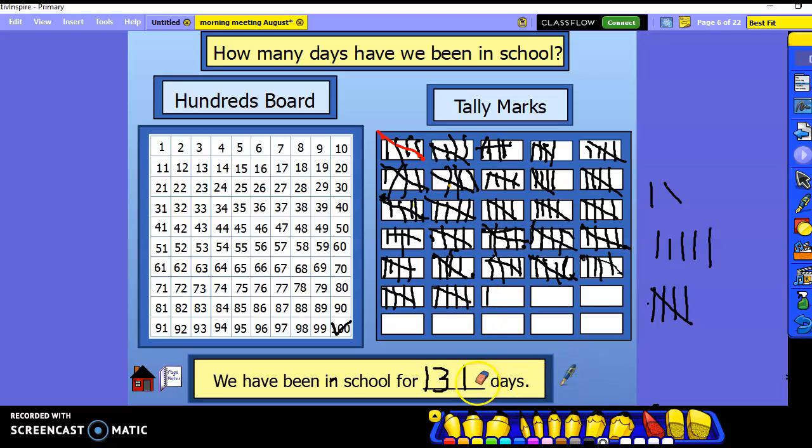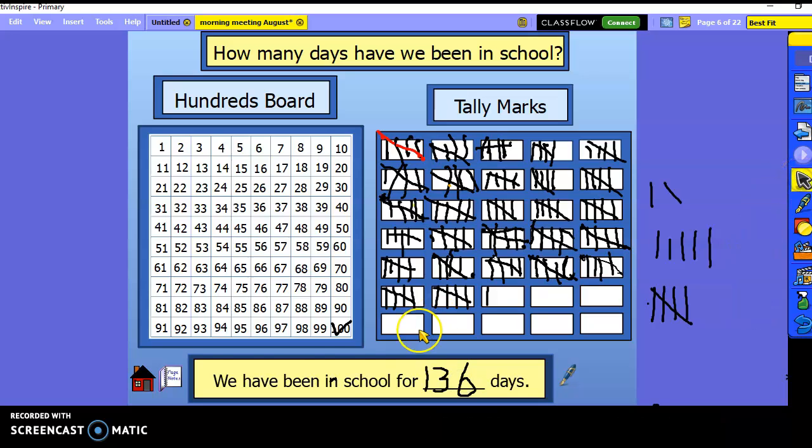We have been in school for 136 days. Miss Sunderland's still learning how to write on a computer.